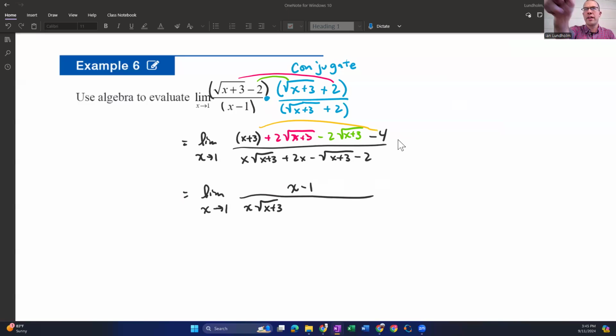I'm going to bring the third term to the second spot so that we keep the square roots together. I'm going to put this 2x next, and then we'll do the minus 2 over here. All right. So if we try to put in 1 right now, we are going to be thwarted again. And we would get a 0 on top, and we would get another 0 on bottom.